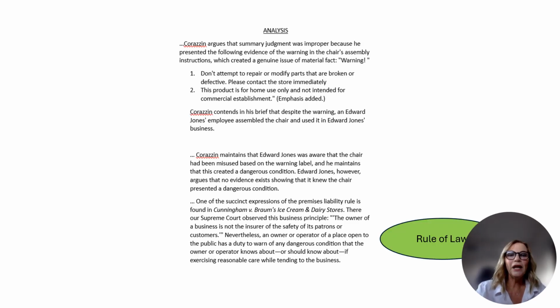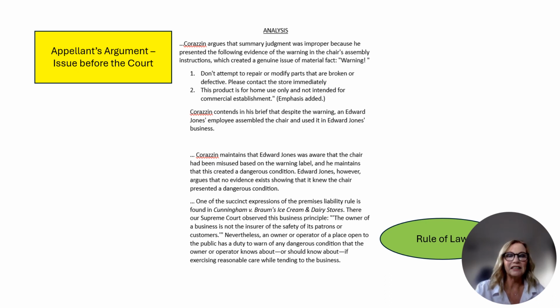So when we look at our rule of law and our analysis, what we're going to look at is what the appellant is saying. What does the person who is taking you to court, to the appellate court, the appellant, what is that person saying the court did wrong?